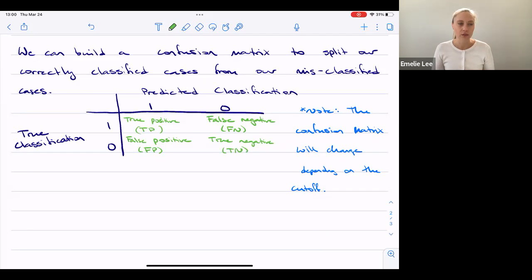Whew. Okay. So my predicted 1s are going to be the sum of the true positives and the false positives, right? But in either case, I predicted a positive, right? And I can have my sum of 0s. So my sum of the predicted 0s is the false negatives and the true negatives together, right? I can also talk about my class 1s, right?